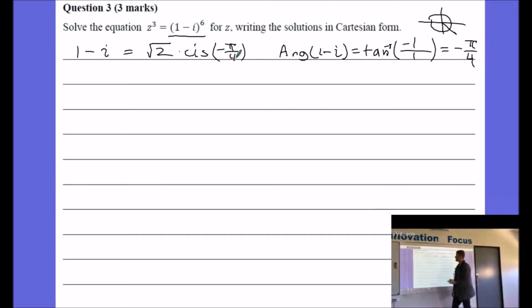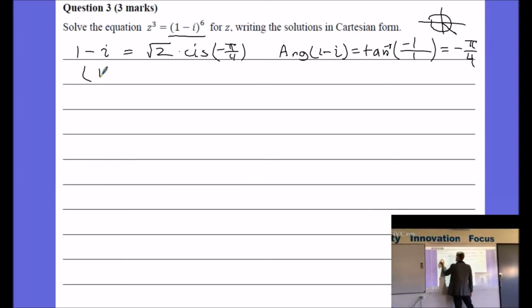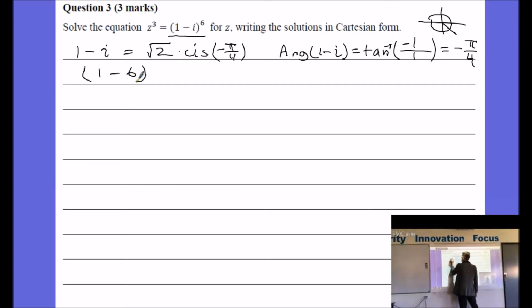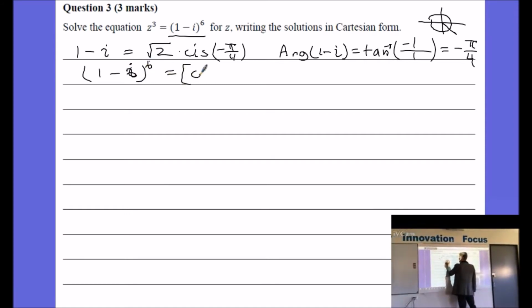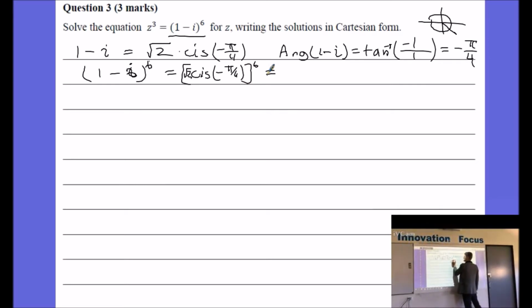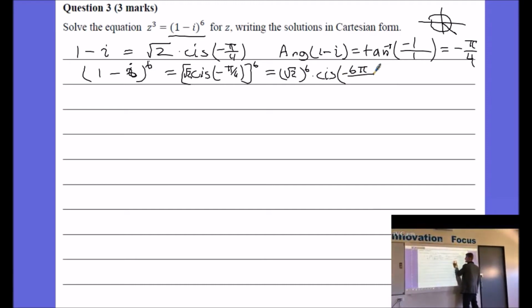Alright, so from that now, we're going to evaluate that to the power of 6. We can use De Moivre's theorem, where it's essentially the same as the polar form of it, to the power of 6, and that will go to root 2 to the power of 6 times cis of this minus, and have a multiple of 6 on the argument.